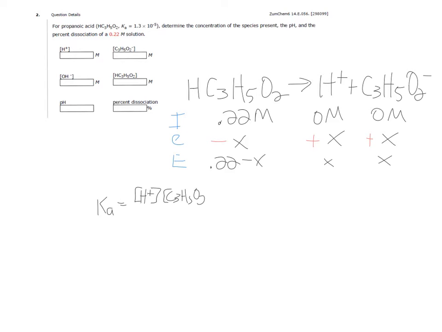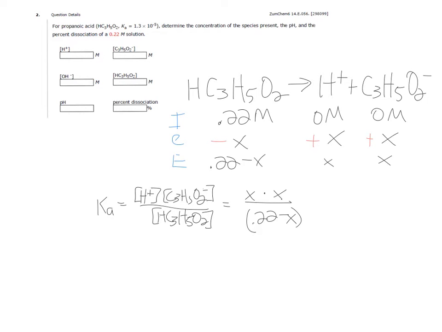Since everything is aqueous in this equation, everything belongs in the equilibrium expression. And we can substitute the equilibrium line of the ice table for those concentrations. x times x over the quantity 0.22 minus x.